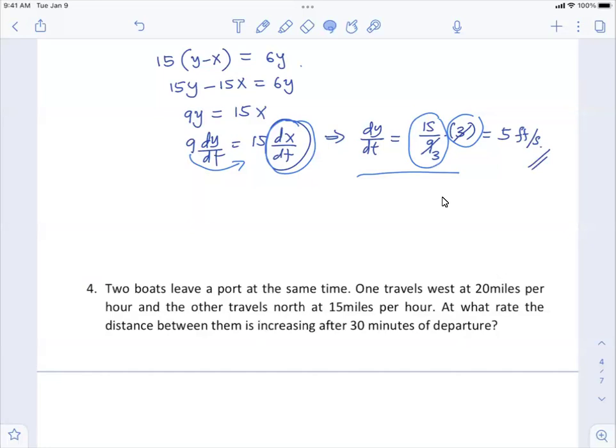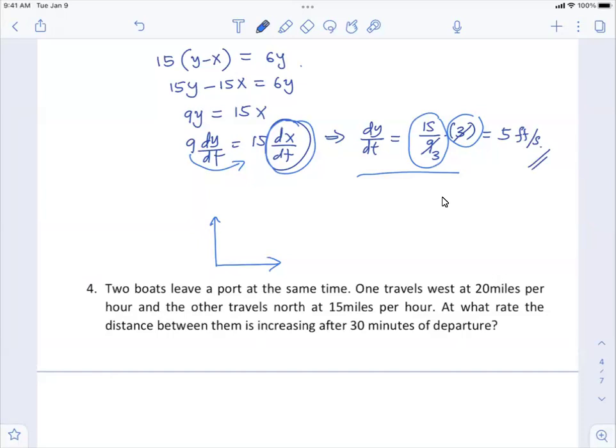Now, to understand this, think about this. One travels north, the other travels west. But the same thing sometimes by mistake, if you put east rather than west in the picture, don't bother erasing it, because it's just the same picture. It is almost symmetric.